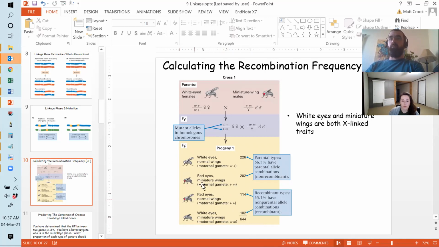So we have red eyes, normal wings, not seen in the parents, and white eyes, miniature wings, not seen in the parents. So A, these are a different combination. B, they're present at a lower rate. So these are the recombinants.